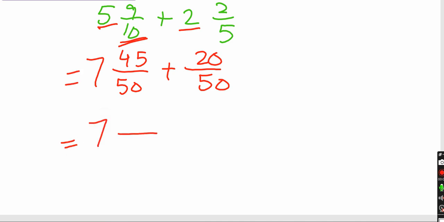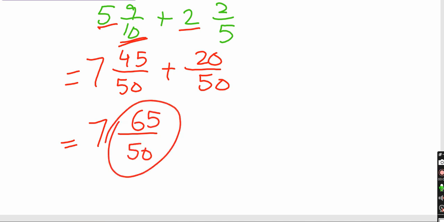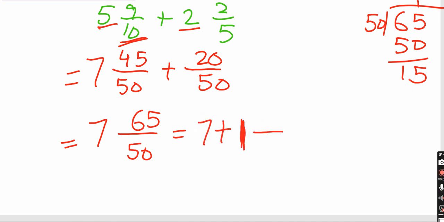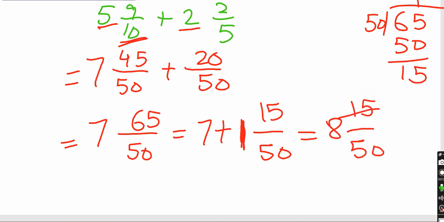It will be 7 whole 65 by 50 and then we will break down the 65 by 50 like this. 50 goes in once and then 15 left. It will become 7 plus 1 whole 15 by 50. And then it will become 8 whole 15 by 50, and then we will do cancellation with the table of 5. And it will become 8 whole 3 by 10.